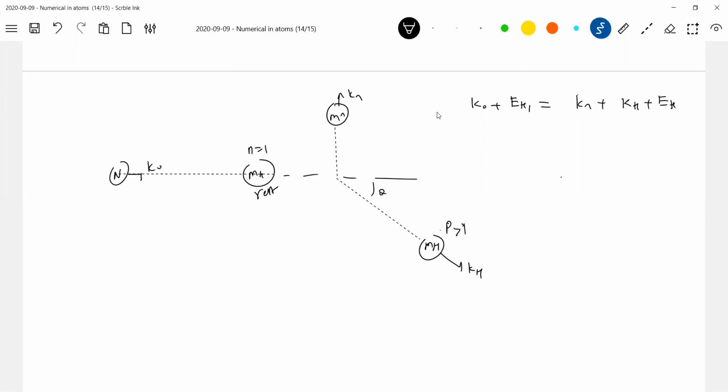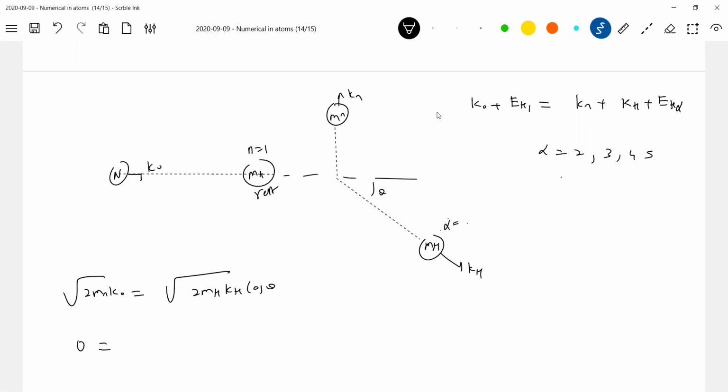We'll write some alpha. What is alpha? Higher orbits here. Alpha will be greater than, where alpha equals 2, 3, 4, 5. So E alpha, I'll write it. This is the energy equation. Then what about the momentum equation? The momentum equation will be 2mn k naught is equal to 2mh kh cos theta.